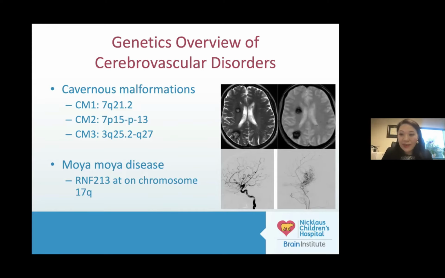So essentially, as you can see here, even in cerebrovascular disorders, we're gaining greater understanding of their underlying abnormalities and genetic linkages, and certainly of familial forms of cavernous malformations and moyamoya disease, which are definitely conditions that we as neurosurgeons, and especially pediatric neurosurgeons, will see.